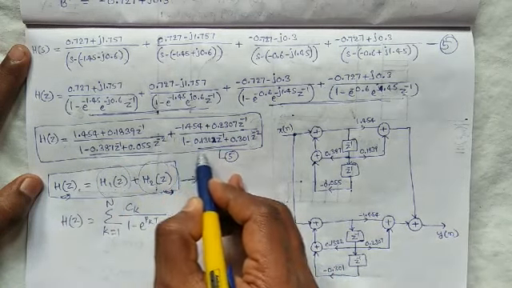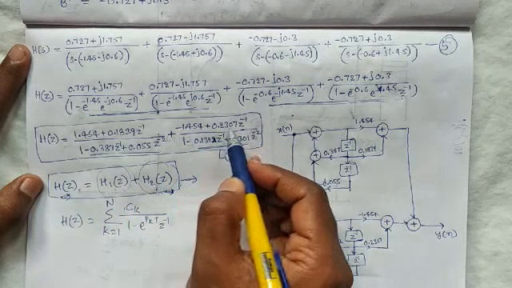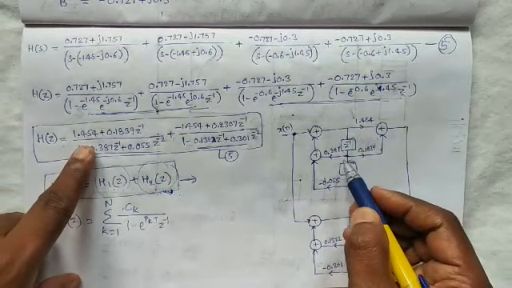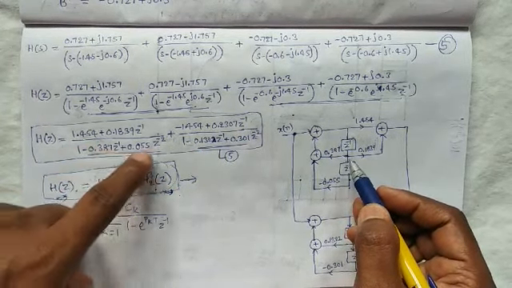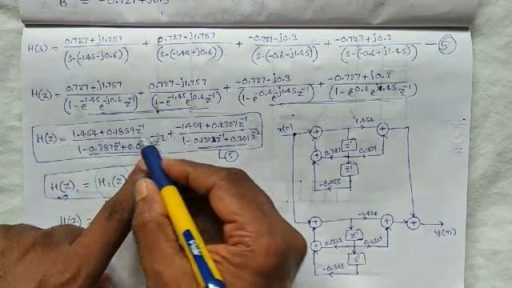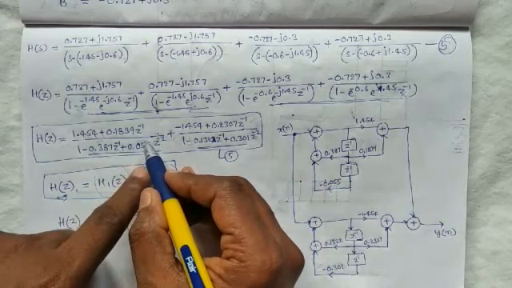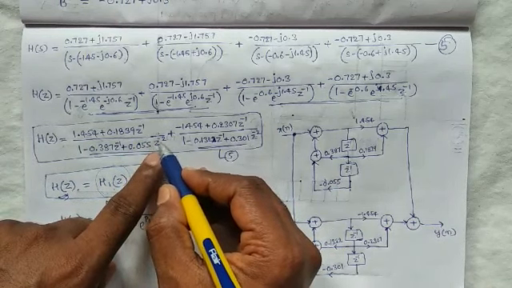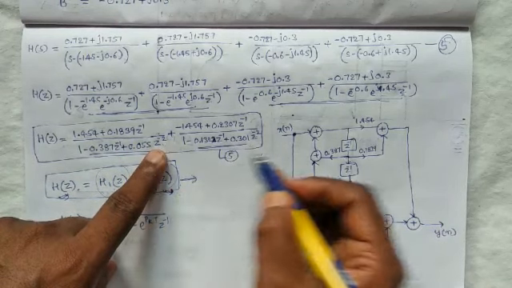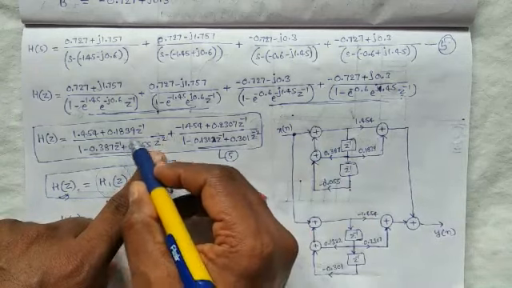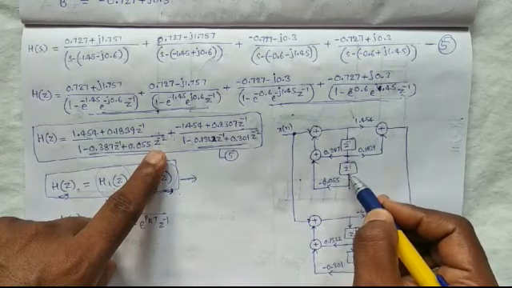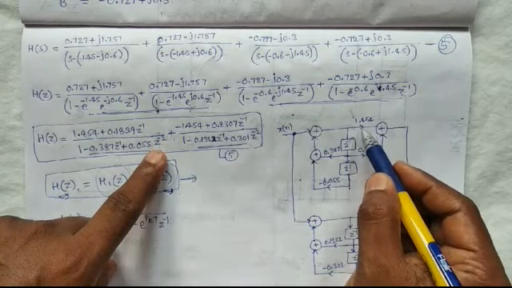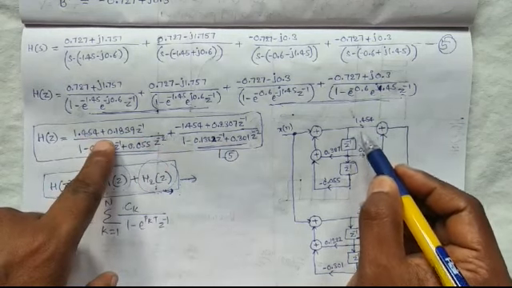We are realizing this equation by direct form 2, similarly this equation by direct form 2. First of all we are realizing this equation by direct form 2 realization. How many delay elements are required for this equation? 2 delay elements. Here the maximum negative power in z is 2, which means 2 delay elements. For this purpose we take z power minus 1, z power minus 1. On the right side we take the numerator polynomial.